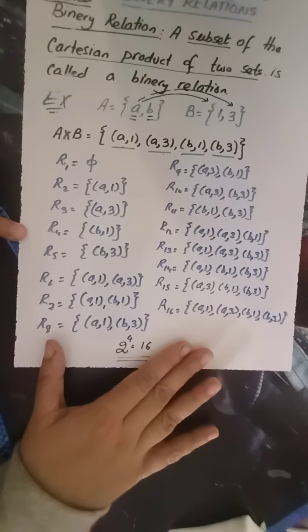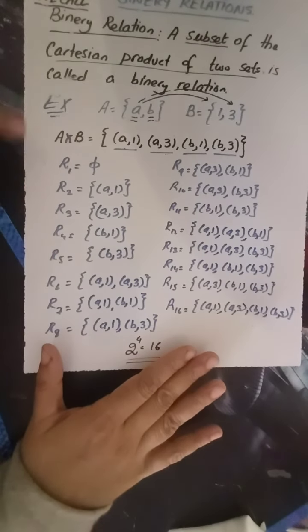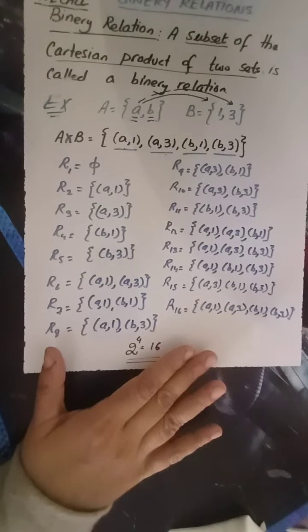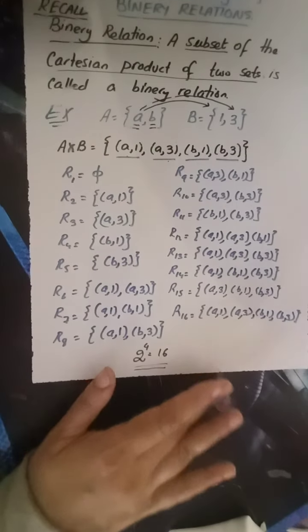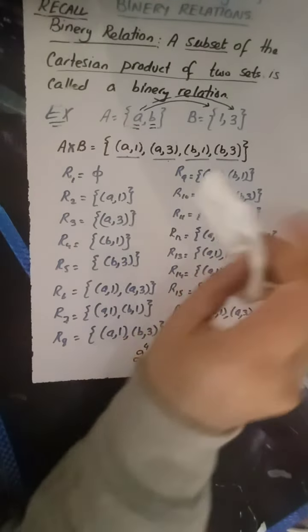The next step is to find the domain and range of a binary relation. For that, I'm going to use the same example maybe. Now moving to the definition of domain and range of a binary relation. It is so easy.